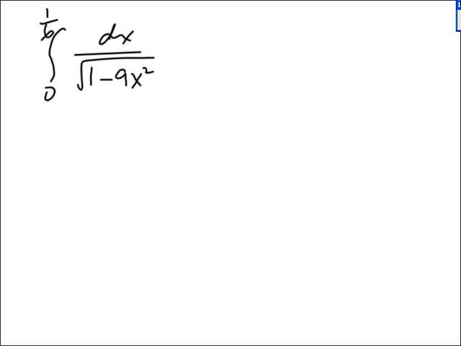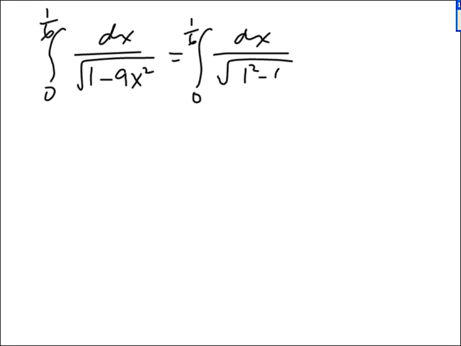Suppose you want to integrate from 0 to 1/6 dx over the square root of 1 minus 9x squared. Now, what you should notice is the bottom underneath the square root sign is the difference of squares.